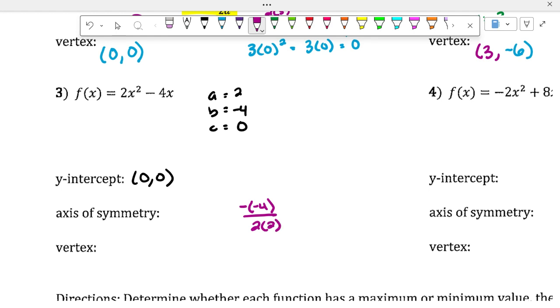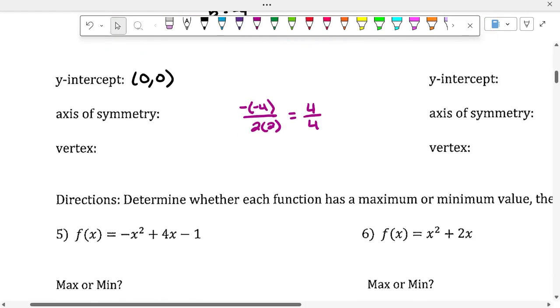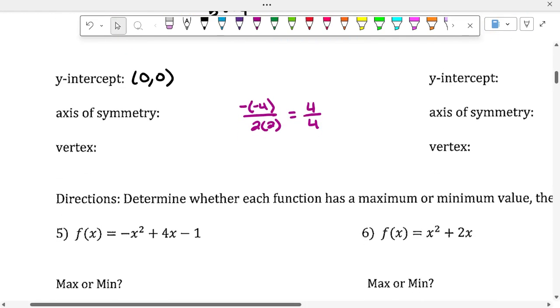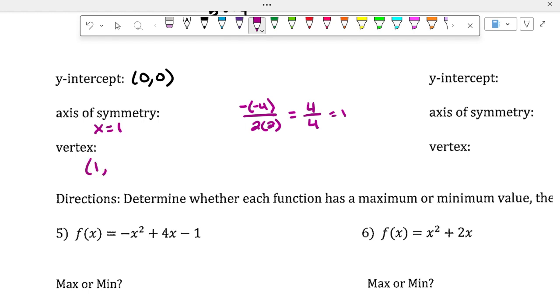Good. Negative times a negative is a positive, so I have 4 over 2 times 2, which is 4 over 4, which is 1. So Ralph, what's the axis of symmetry? It's what? X equals 1. Good. It's also the x value of my vertex.